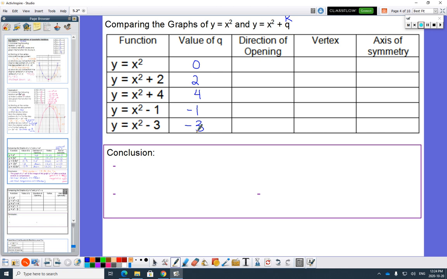And again, your textbook uses H and K instead of P and Q. The new textbook does, but it doesn't matter. All of these have a positive A value. None of these have a negative out front, so they all open up.